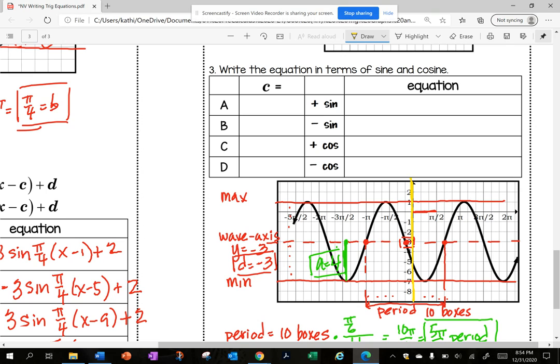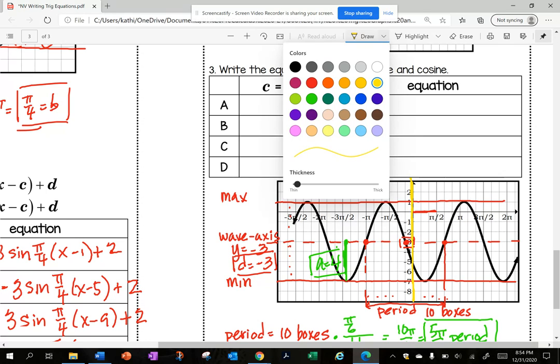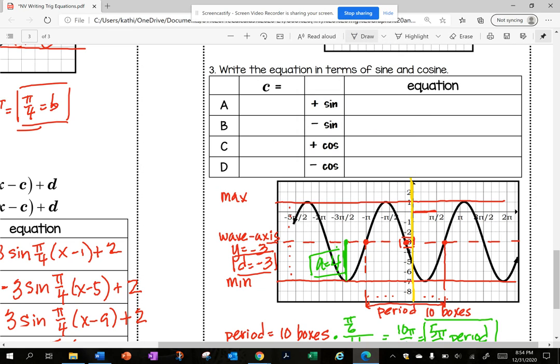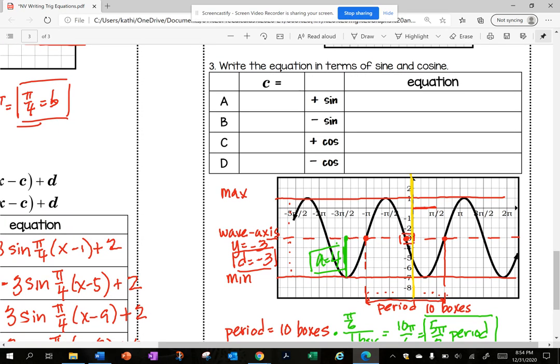And that's what we typically write as the standard equation. So for a positive sine, a positive sine is going to start on the wave axis and go to a maximum first. So the closest point I have is going to be here.